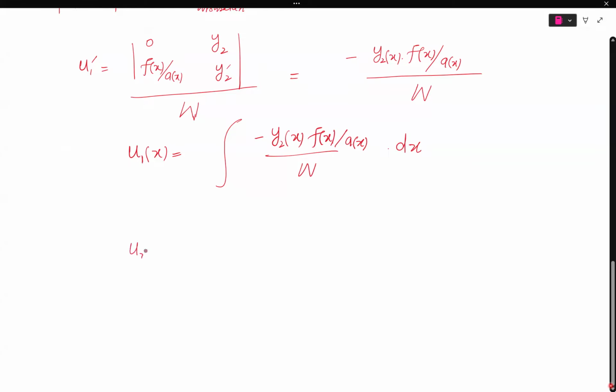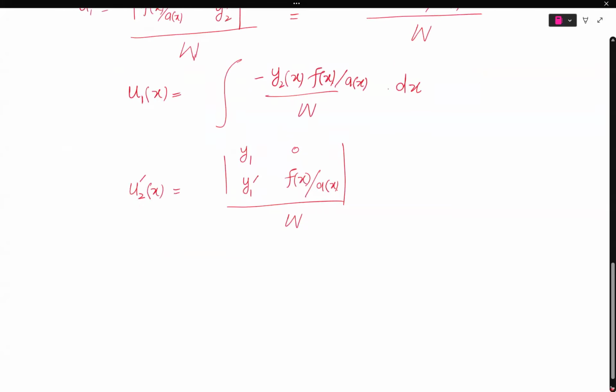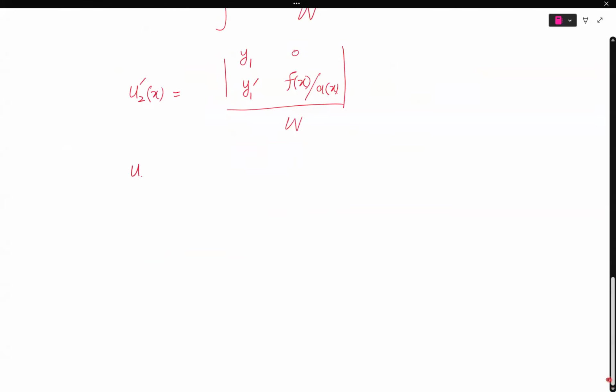Similarly, u2 of x will come from the determinant, Cramer's rule. So the first column will survive from matrix A: y1, y1 prime, and the right hand side f over a of x, and the whole divided by the Wronskian, and its integration would lead to the evaluation of u2 of x.